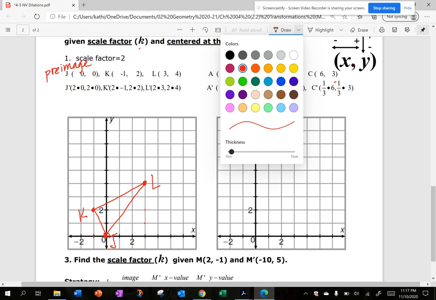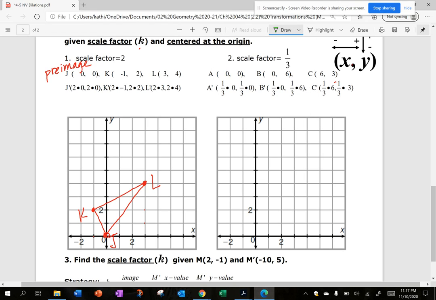Next, I'm going to multiply by my scale factor 2, so k equals 2. So I'm going to multiply 2 times each coordinate for my image. So J prime is 2 times 0, which is 0, and 2 times 0, which is 0.